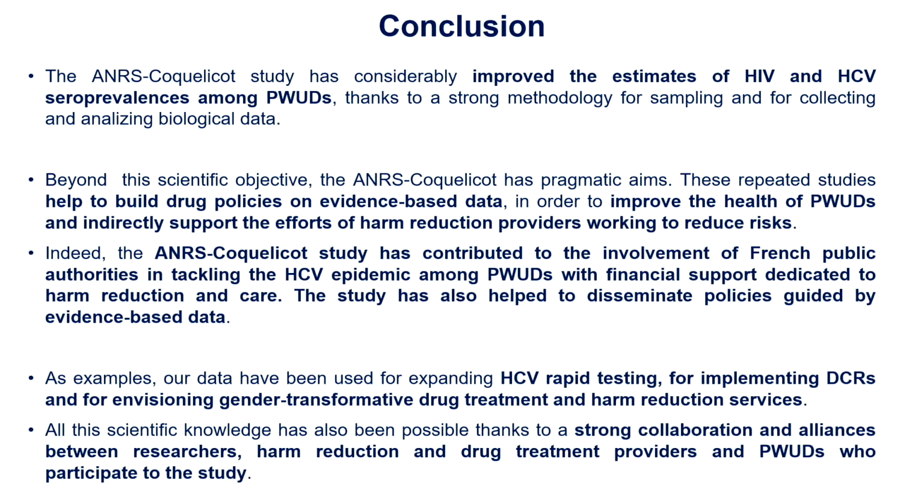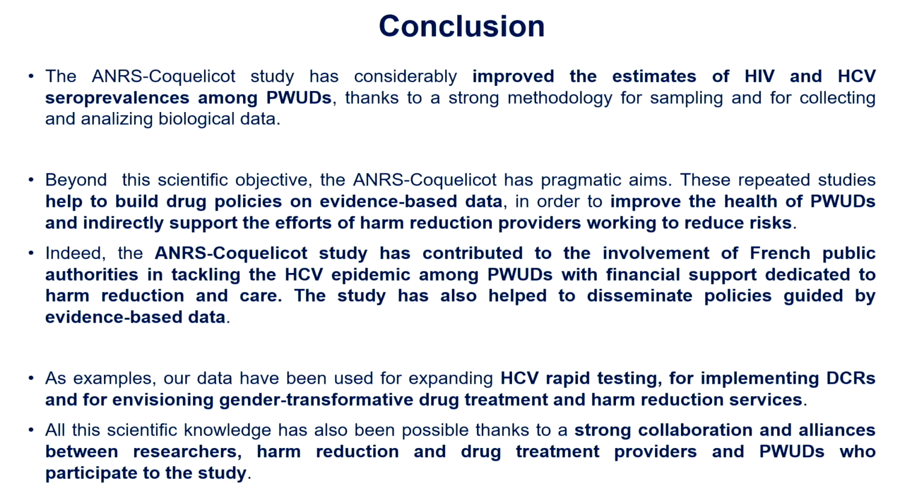These repeated Coquelicot studies help to build evidence-based drug policies in order to improve the health of people who use drugs, and indirectly, this study also helps to support the efforts of harm reduction providers working to reduce risk exposure to HIV, HCV, and HBV for people who use drugs.